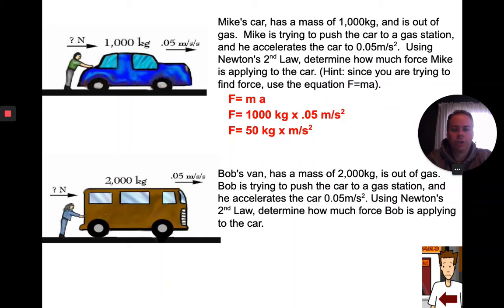Sort of a strange unit. But scientists have a unit that equals 1 kilogram times meter per second squared, and the name for that unit is the Newton. So 50 kilograms times meters per second squared is equivalent to 50 newtons of force.